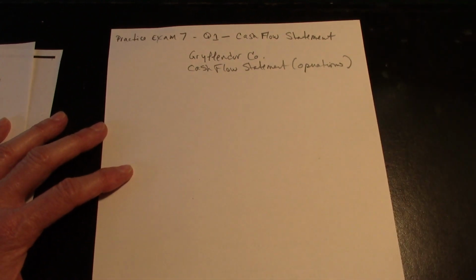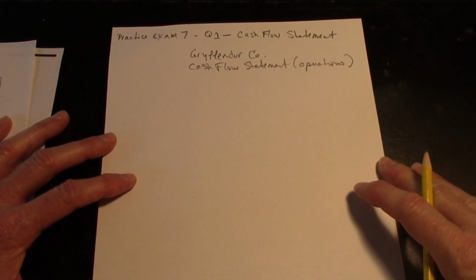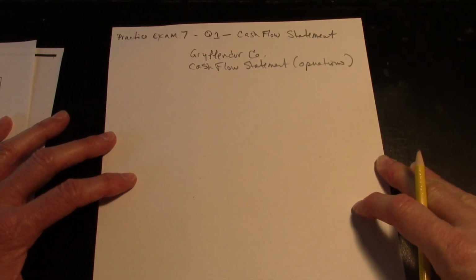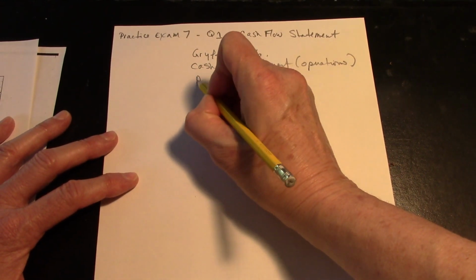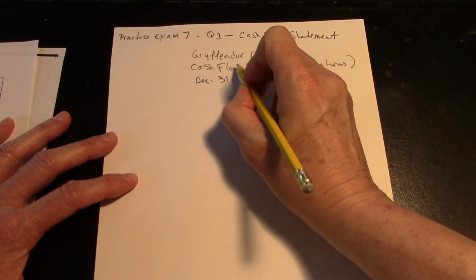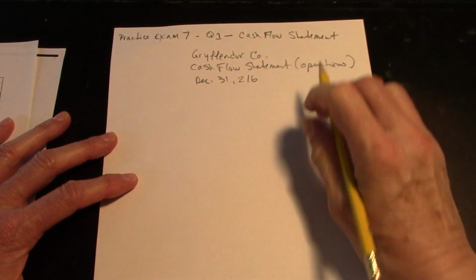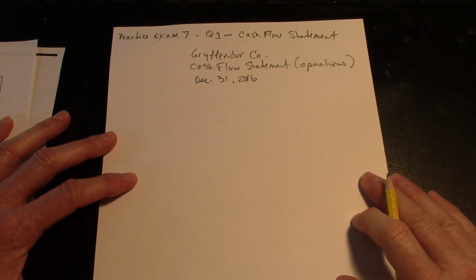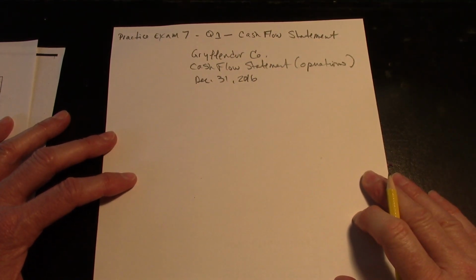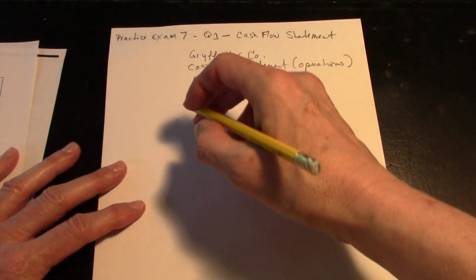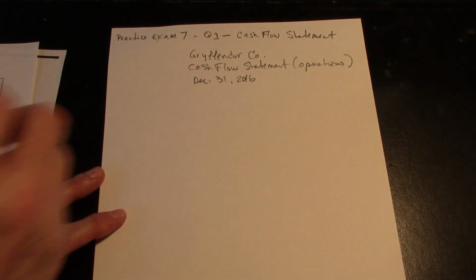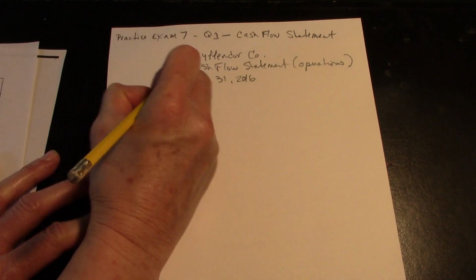Right, it's not the whole cash flow statement. And this is December 31, 2016. Alright, so we start out with the title of this part of the cash flow statement, and it's cash flows from operating activities.